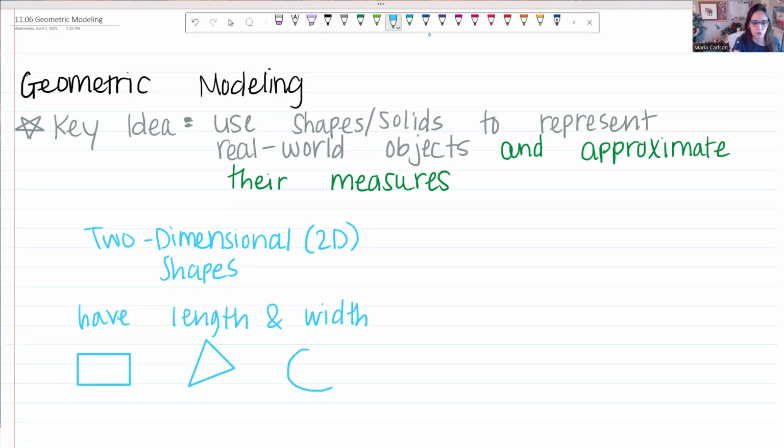A circle is considered two-dimensional, versus a three-dimensional solid shape or a three-dimensional figure.